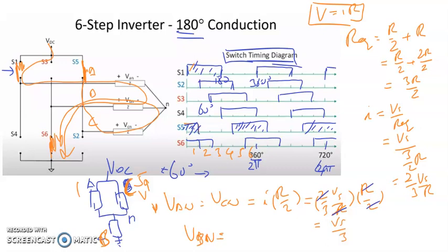So one third of the voltage source drops at this branch with the resistance pairing. Meanwhile the voltage drop VBN is 2/3 of Vs. So this is the voltage drop across VAN and across VBN.